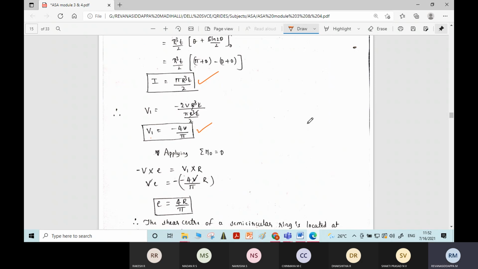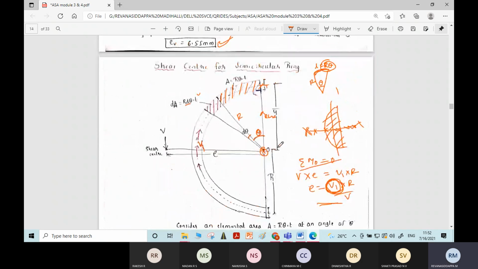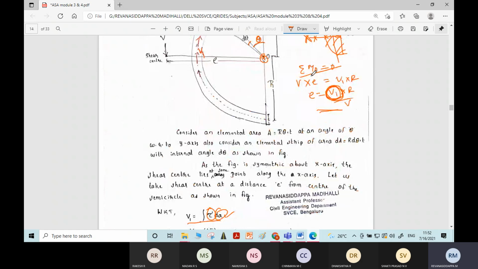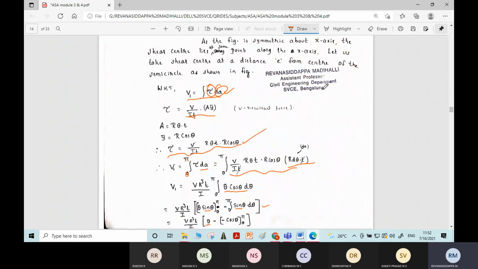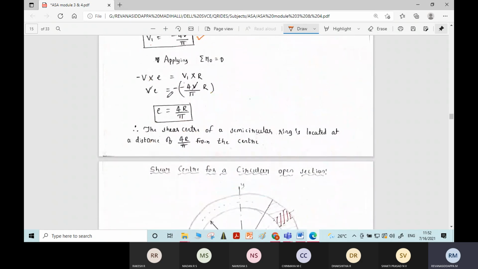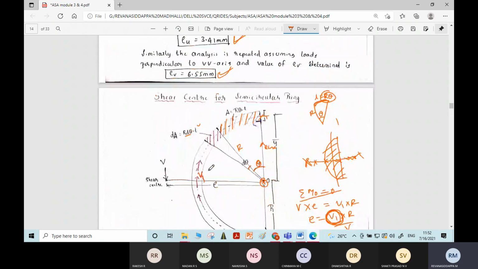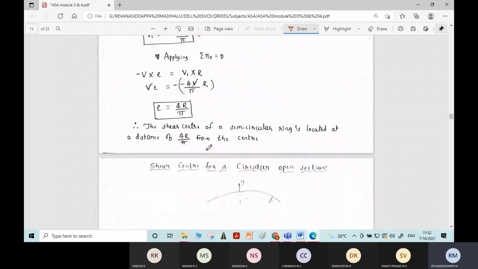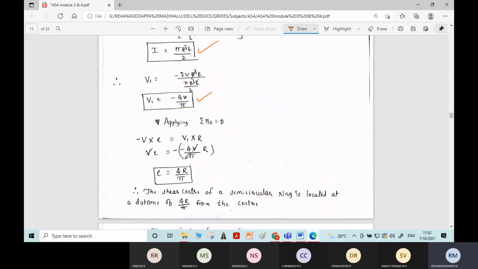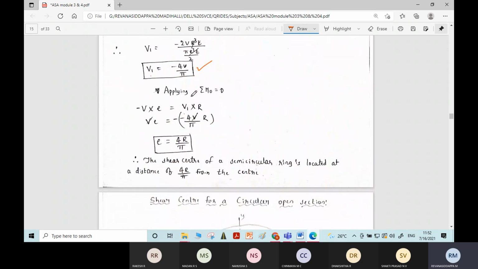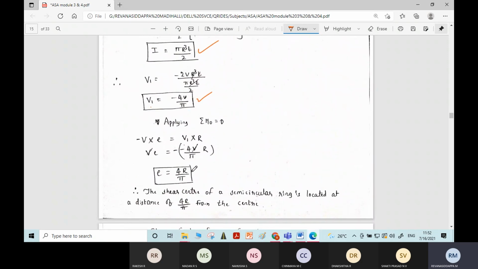As I said, taking moment about this point, you get the expression V into e equal to V1 into r. Here one force is acting downward and one is acting upward, so opposite signs are used. Finally, substituting V1 as 4V by pi, you get the expression for the shear center.